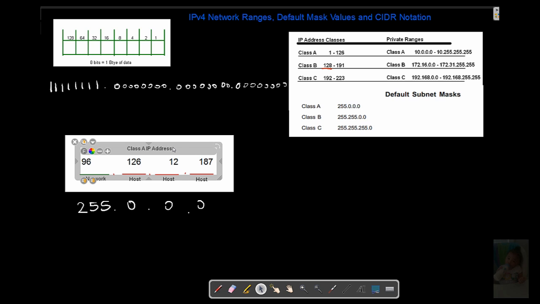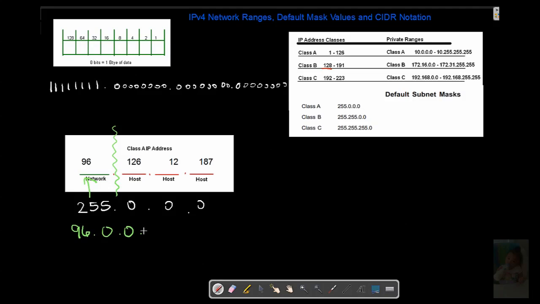Looking at this number right here, we have a division that's taken place because of our mask. This first octet is locked into one value, so we are on the 96 network with the lowest possible address being 96.0.0.0, and that being our net ID.